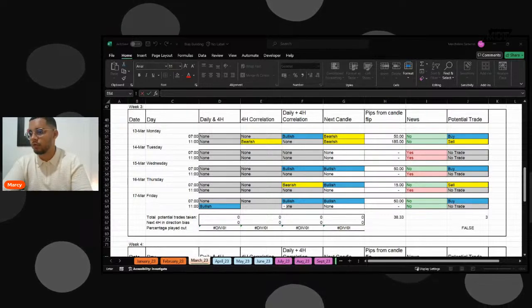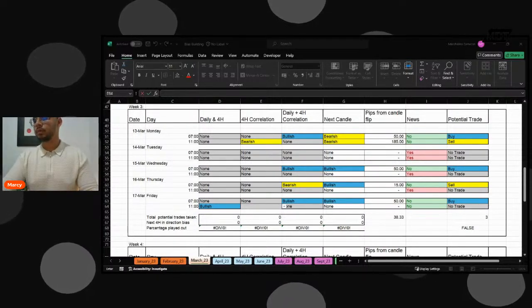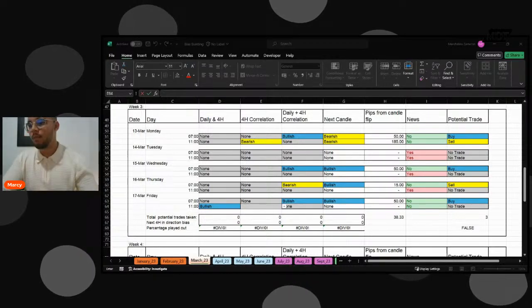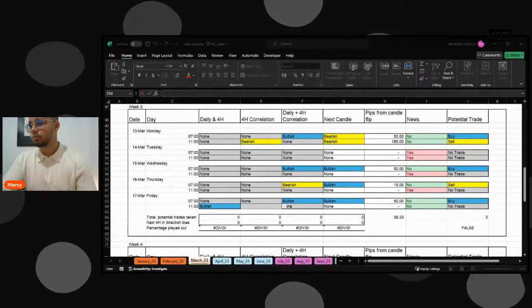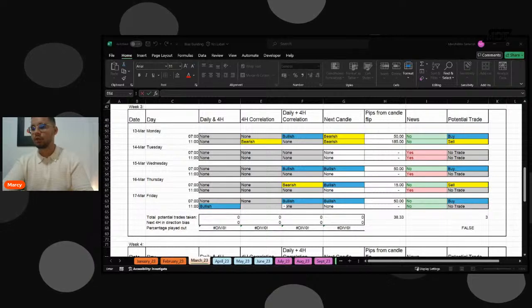That's bearish. That's bullish. Bullish. We don't have 4H correlation, unfortunately. So we just have daily and 4H.